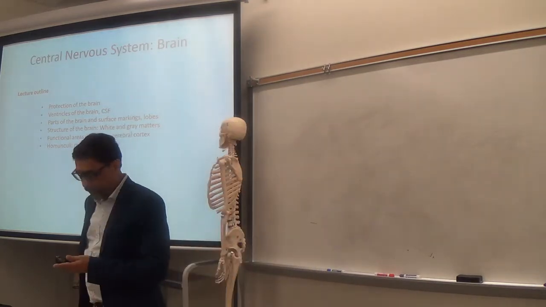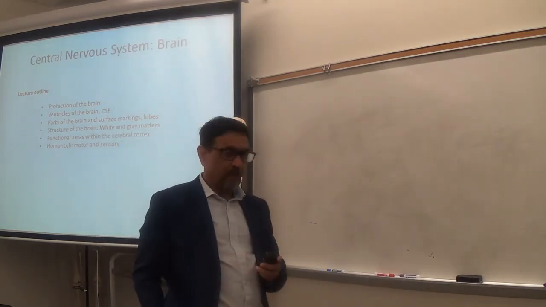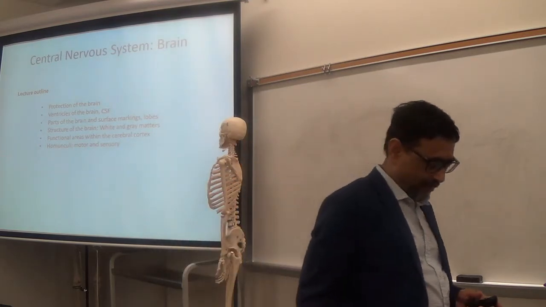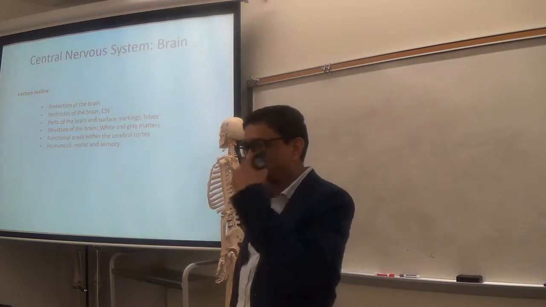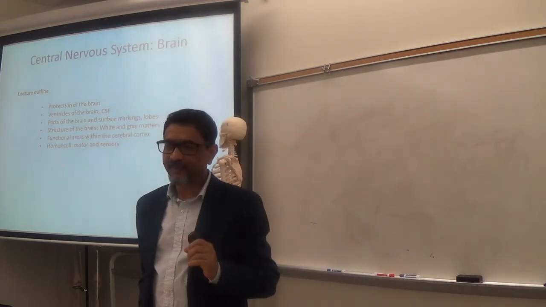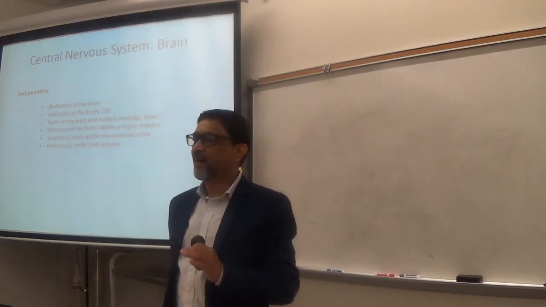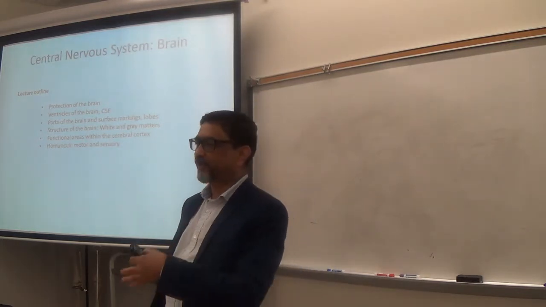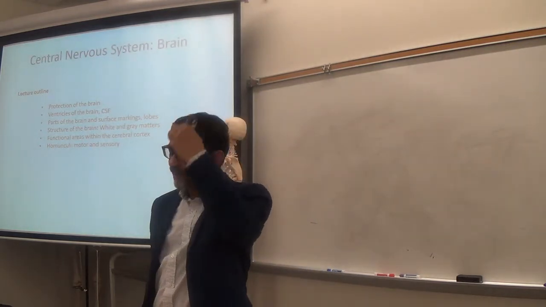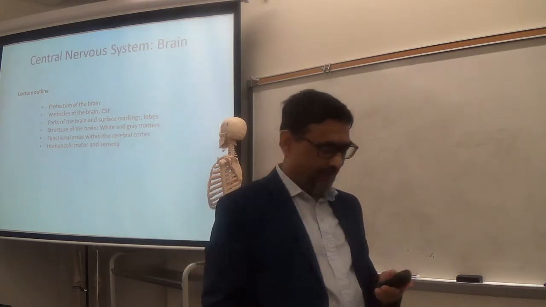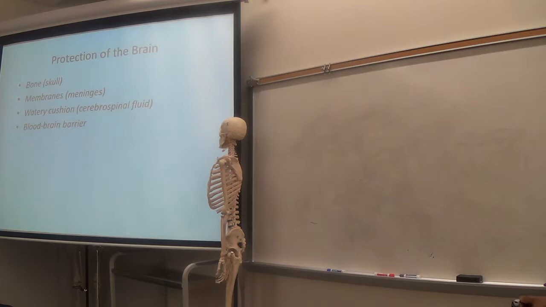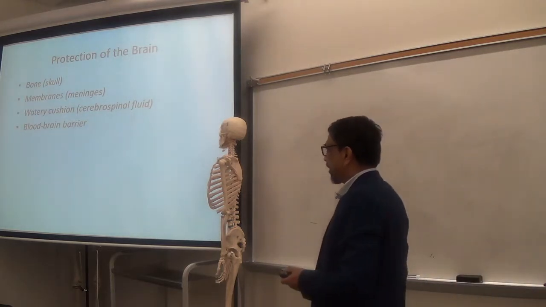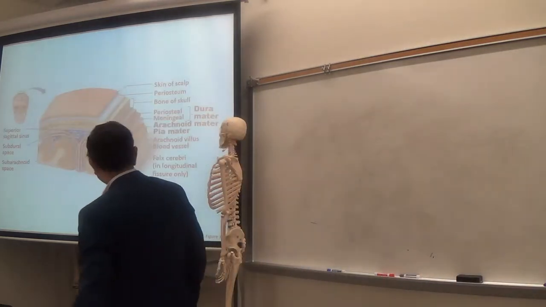Then we'll talk about homunculi. So very interesting maps of your whole body in the brain. Homunculi are the maps of the whole body in the brain. So we'll see what are the homunculi.